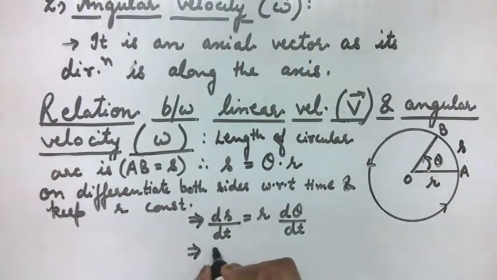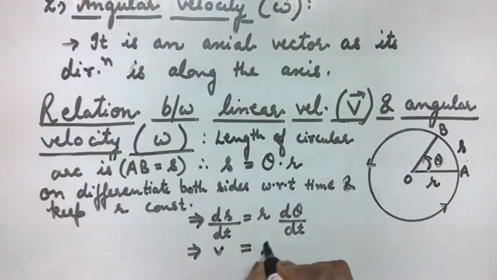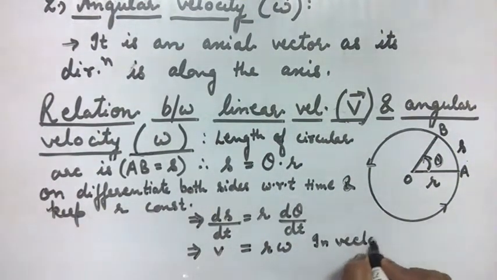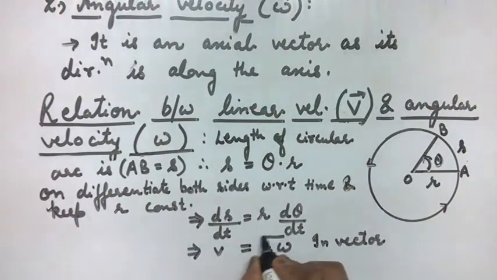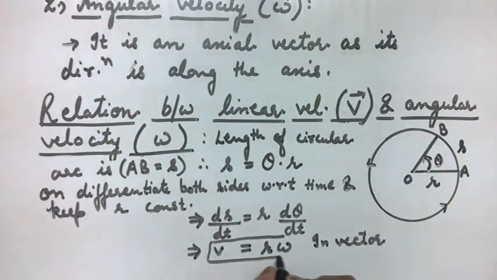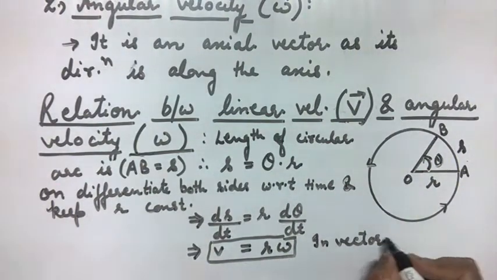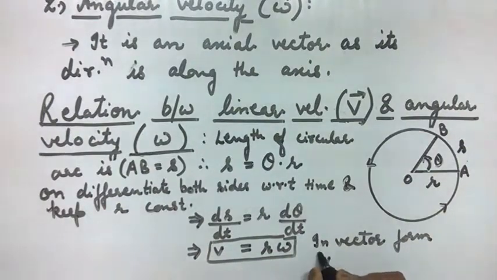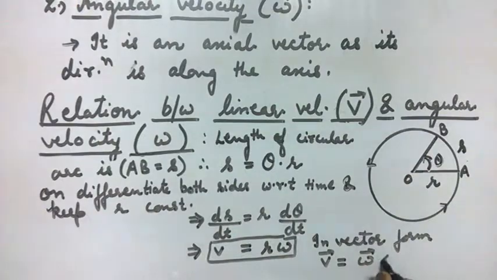This can be written as v equal to r omega. This is the relation between linear velocity and angular speed. In vector form, it can be written as v vector equal to omega vector cross r vector.